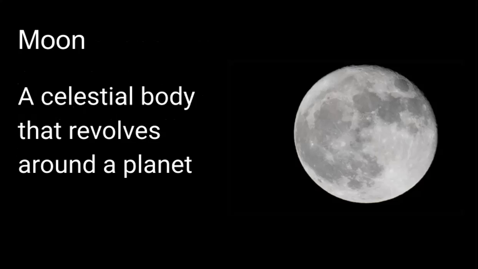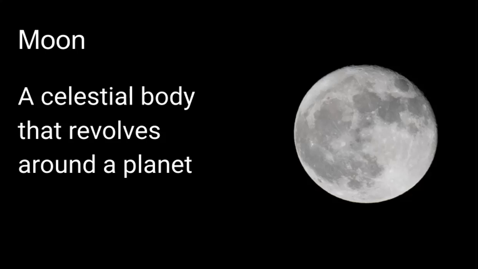The moon is a celestial body, meaning a celestial body is something that is in space, okay? And moons are going to revolve around planets. Some planets don't have any moons. We have one. Some planets have a lot of moons.